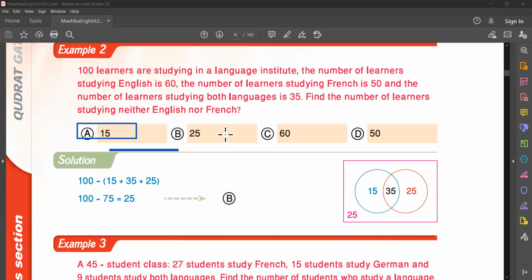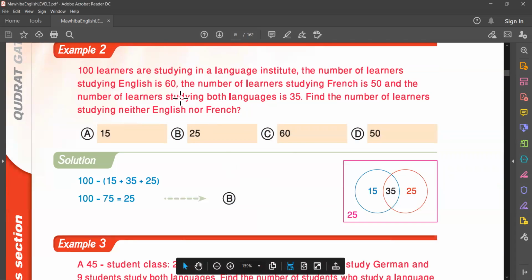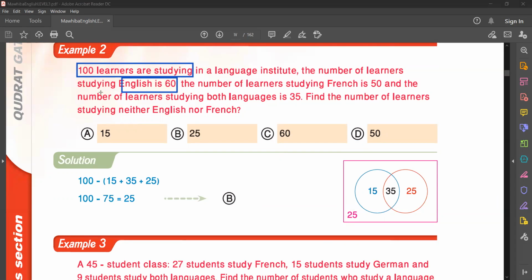So the total of learners is 100, and he said studying English is 60.